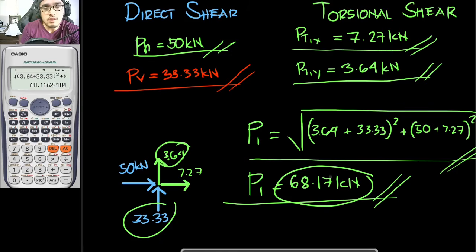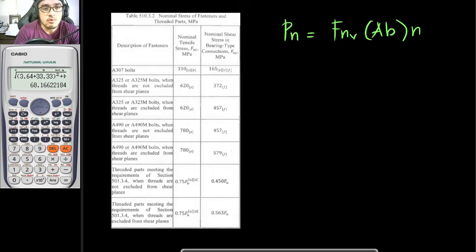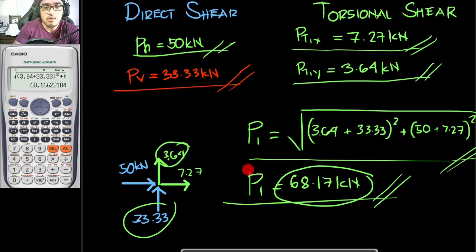Actually, this is not Pn. This would depend on whether these forces, this 200 kilonewtons and 300 kilonewtons, are in LRFD or load combinations. Let's say this is to be Pu. So this becomes Pu.